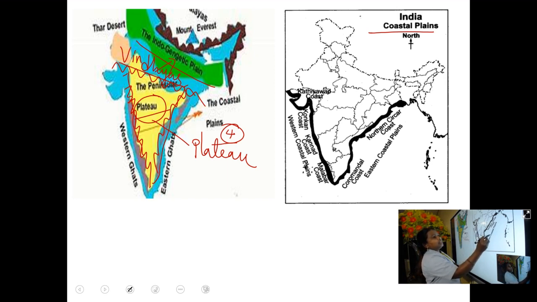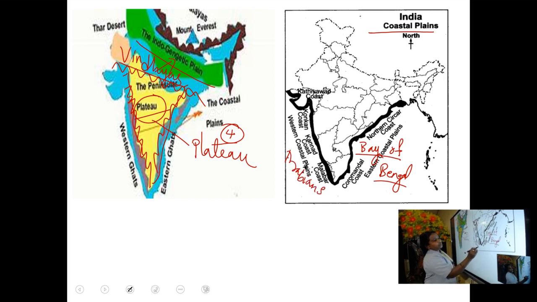In the western part we have the Arabian Sea. Then in the south we have the Indian Ocean. So in the eastern part we have the Bay of Bengal, then in the west the Arabian Sea, and in the south we have the Indian Ocean. So we have a very long coastal area.